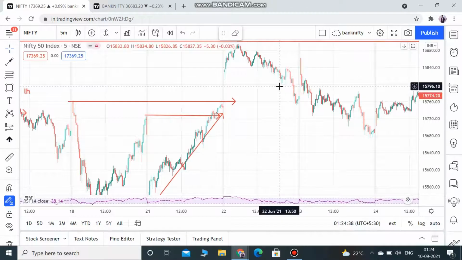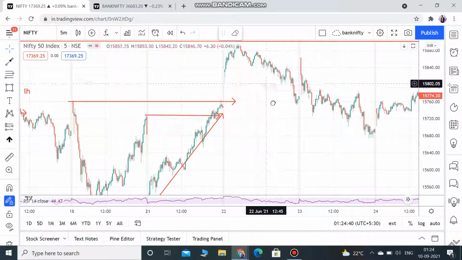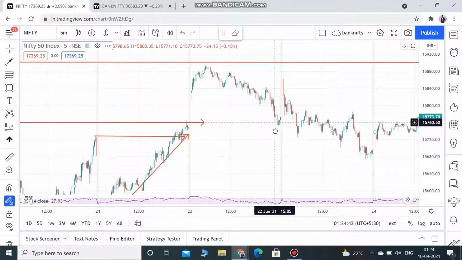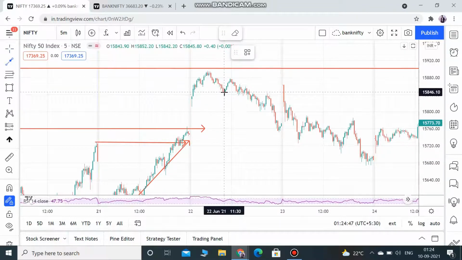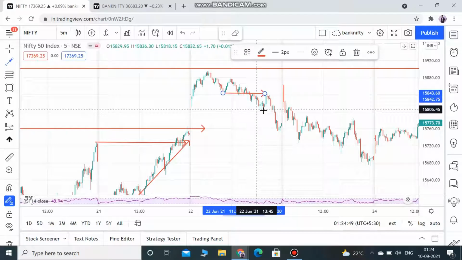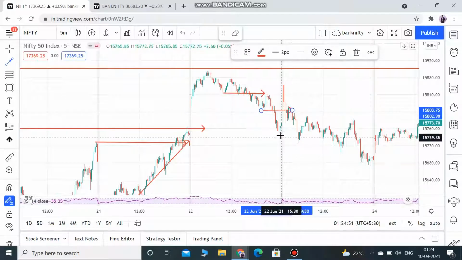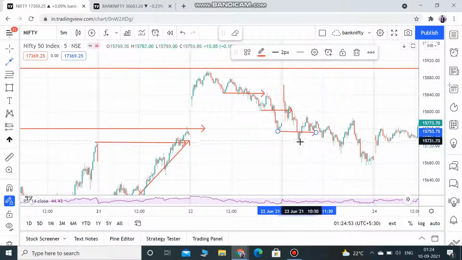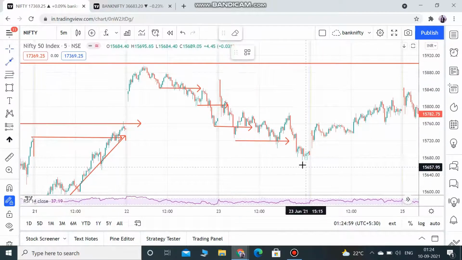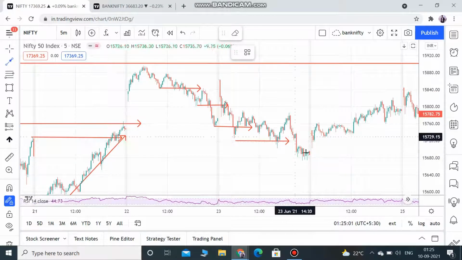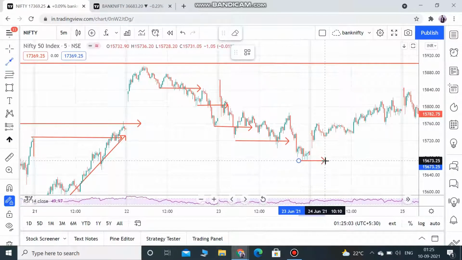Now your trading structure has changed, you are on a bullish way. So if this is my low, it is crossed again, crossed again, it is maintaining but yet crossed again, and here it is maintaining the level.